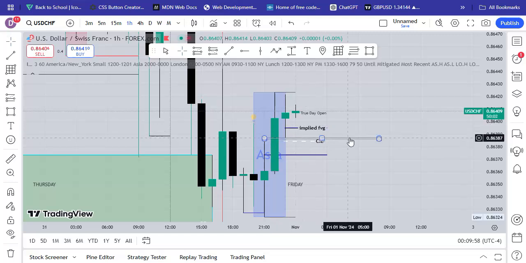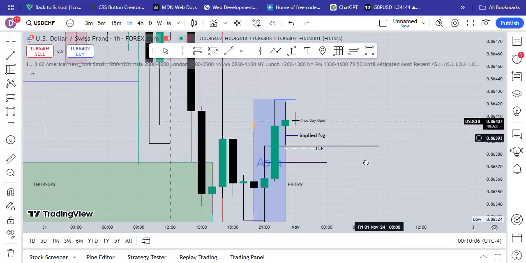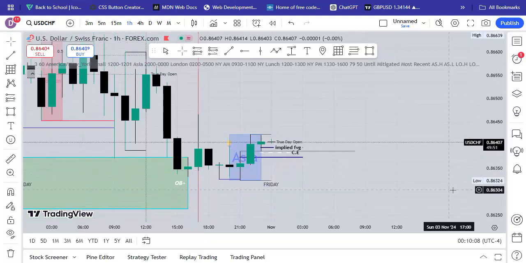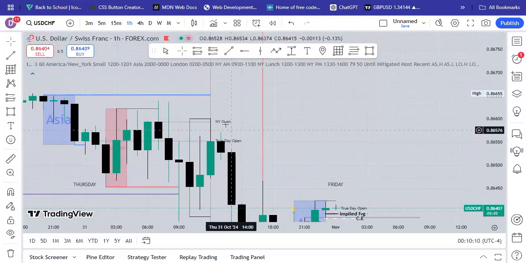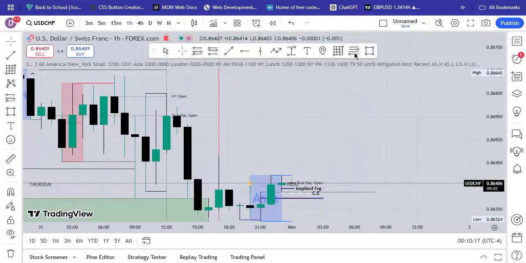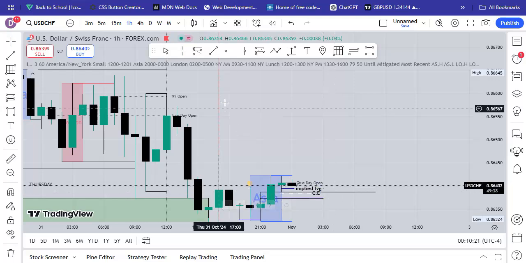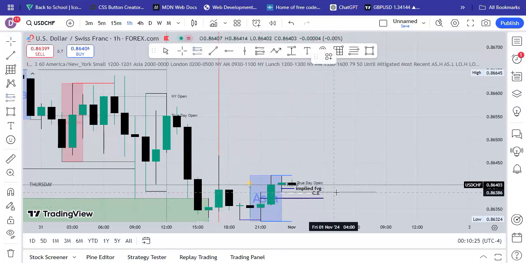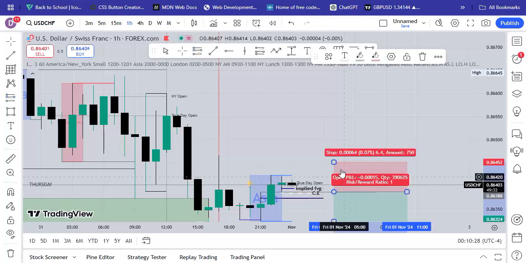If it fills this fair value gap as well, I'll also want to buy. And my target is going to be this high. My first target will be this high. My second target will be this high. So this is going to be a trade that I can take, provided that price comes and fills that portion for me.